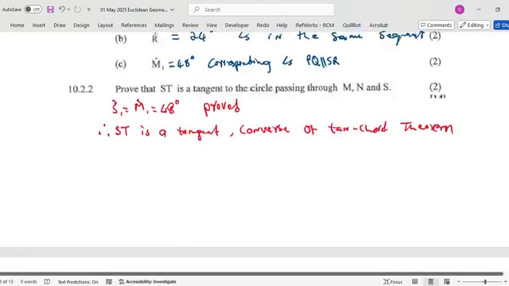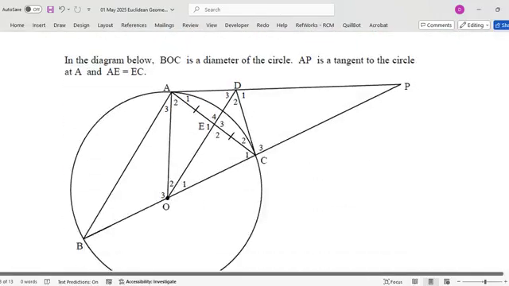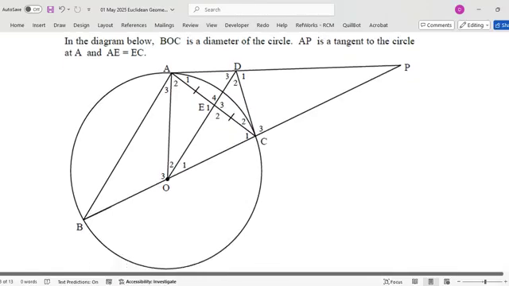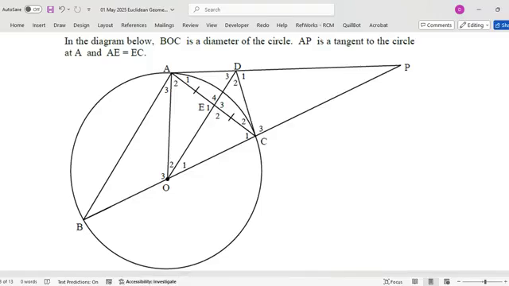Okay, no question. Since there is no question, let's move on to this one. Let's make sure that it's very clear to everyone. Can we all see the question in the diagram below? Can we all see that statement? Yes, sir. Okay, in the diagram below, BOC is a diameter.